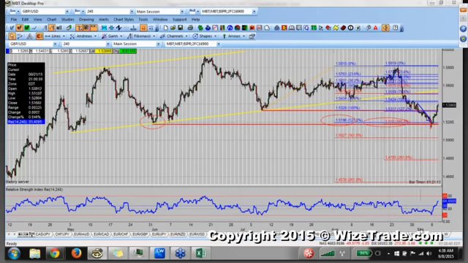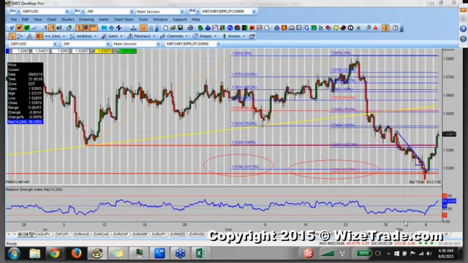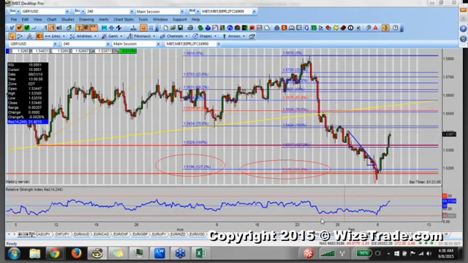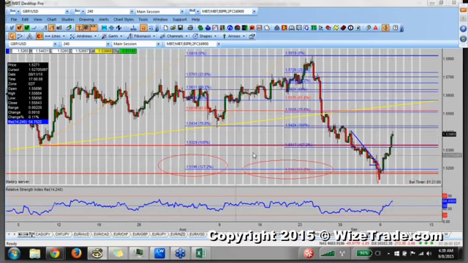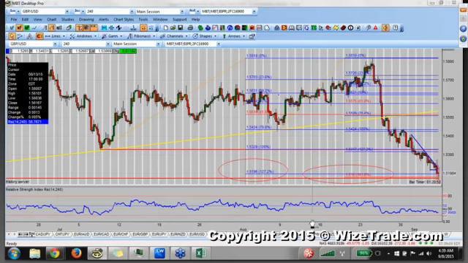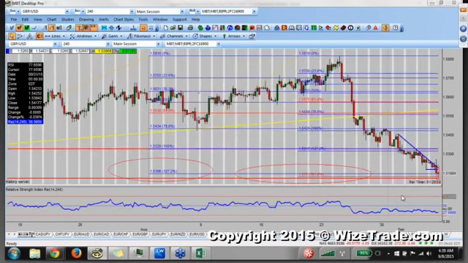If you guys recall last week, we had a real big hammer. You can see it on Friday, so you got to go like this. We had this hammer formation on Friday.